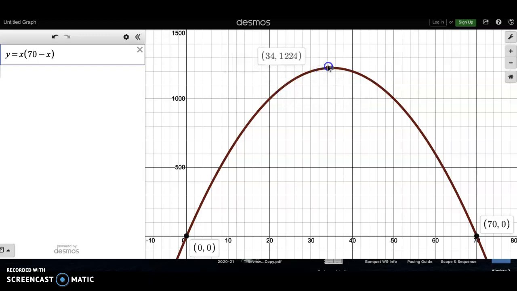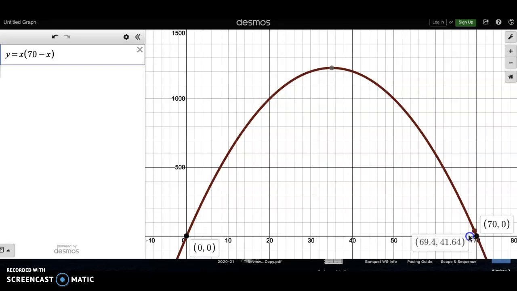And I eventually reach my maximum value of 1,225, and in this case it would be square feet. That is the largest garden you can make given these parameters. Any width that's larger than 35 begins to decrease the area all the way until we let the width be 70, meaning that there's no fence left to make a length, and therefore our area is 0.